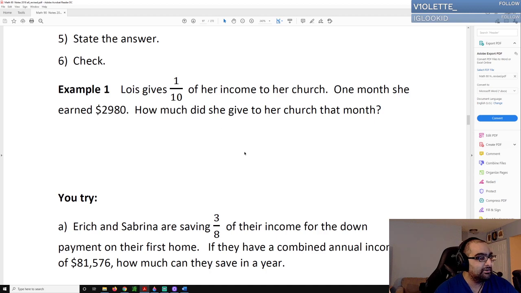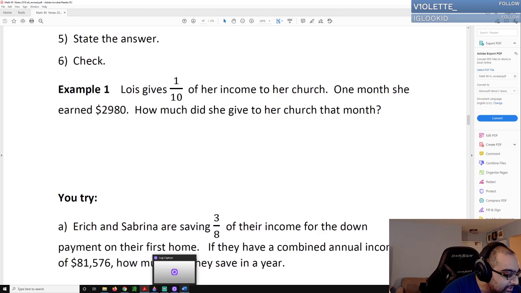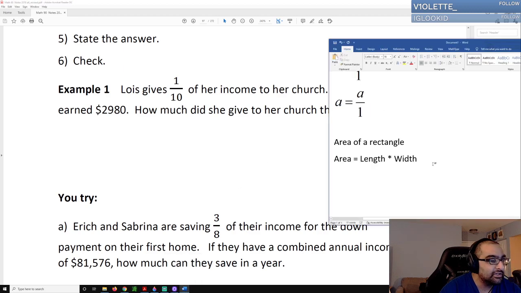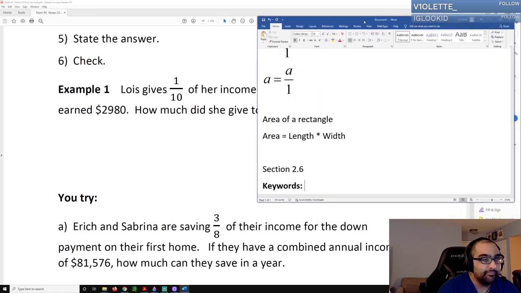So let's go to our Word document here. Okay, so keywords for multiplication.